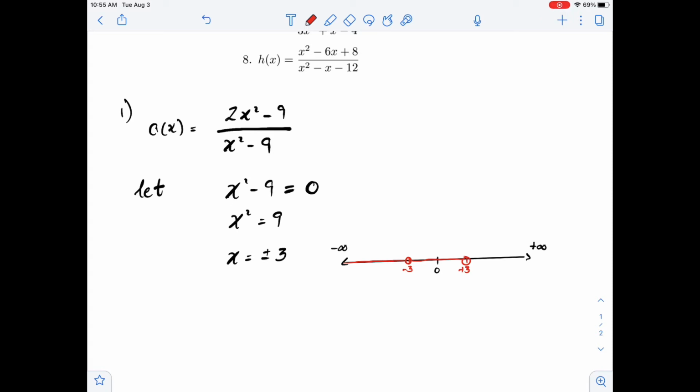2.99999 is fine. That's in the domain. 3.00001 can be in the domain, but 3 exactly cannot be in the domain. And then everything to the right, all the way out to positive infinity.